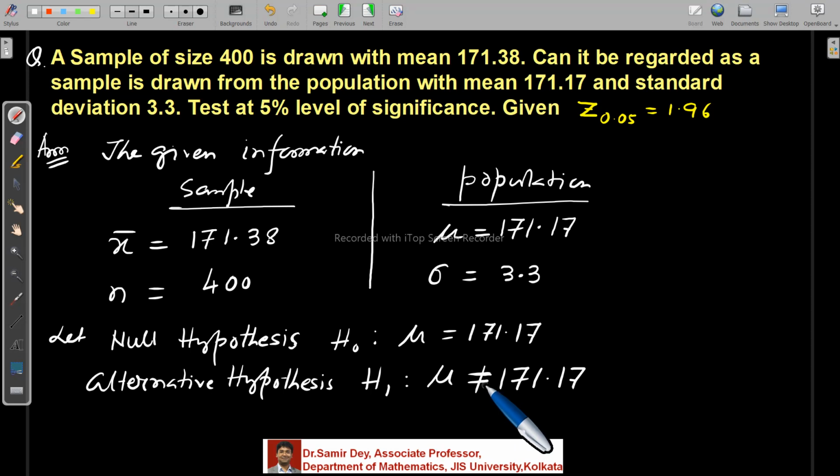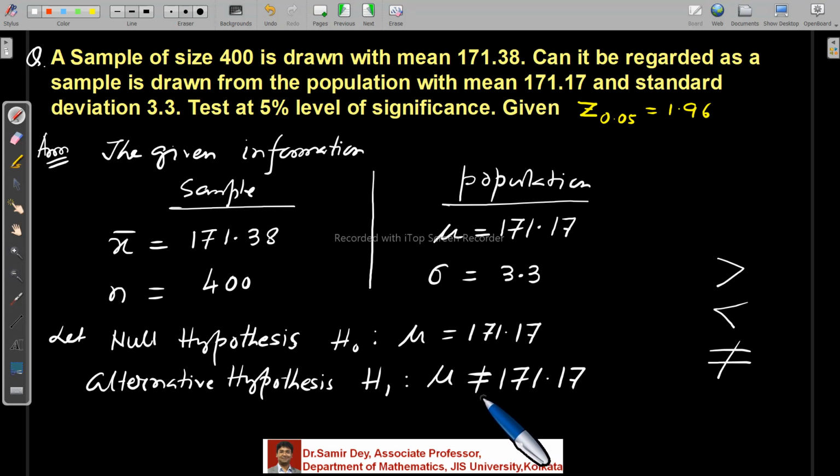Reverse means maybe greater than, maybe less than, maybe not equals to. But in this question, you want to check whether this sample is coming from this population. Your answer will be yes or no. So in that situation, you need to write not equals to.